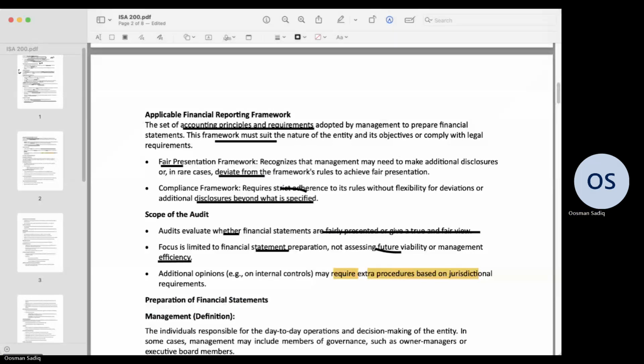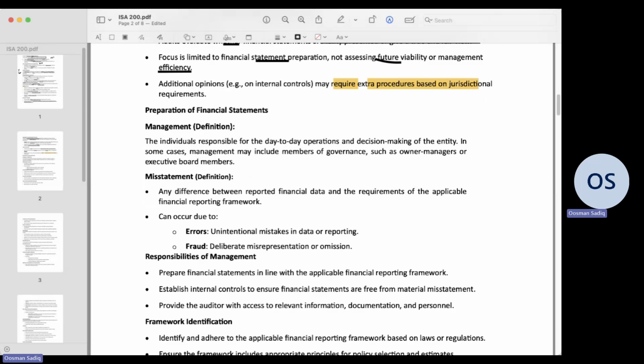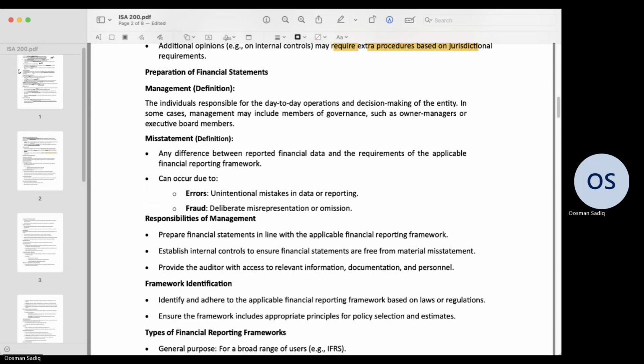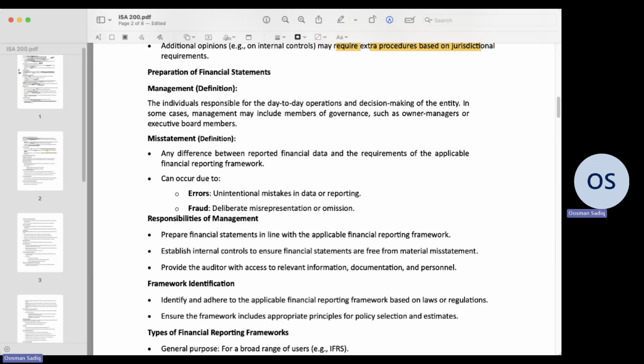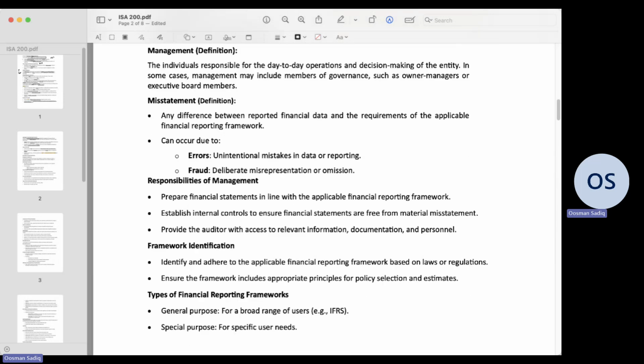Okay. Now let's go back to our area. So as I had said, the premise was that management will make the financials. You as an auditor will basically audit it and see if it looks reasonably okay. So management, who's management?